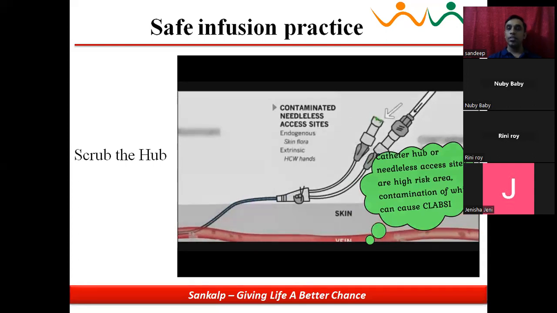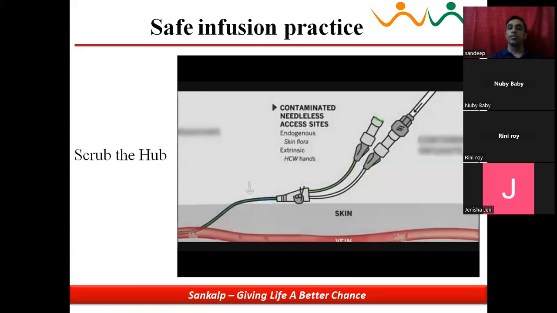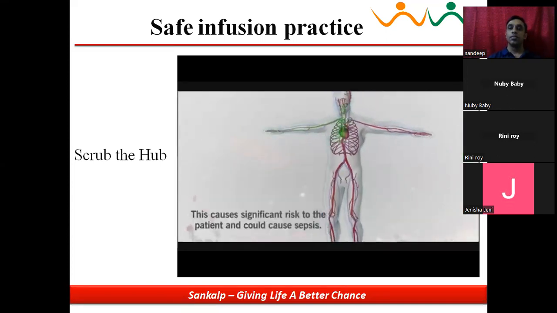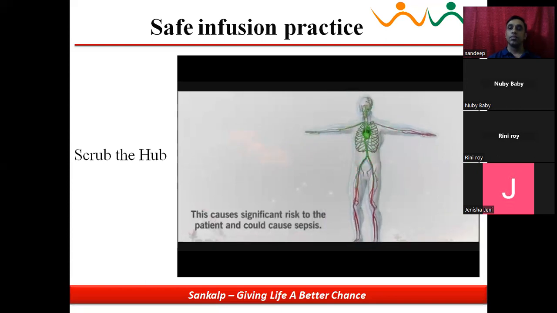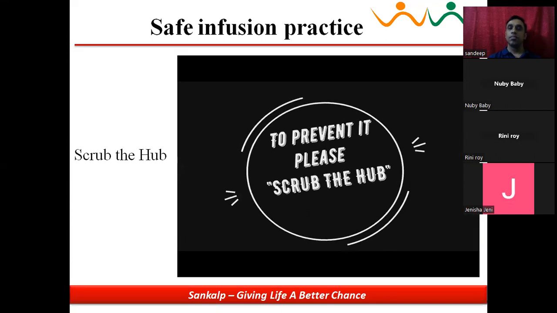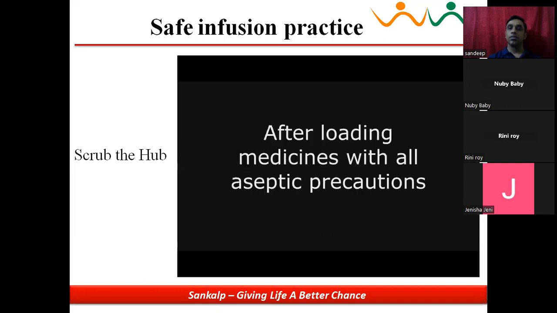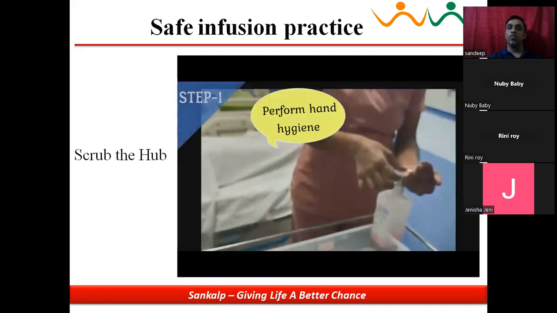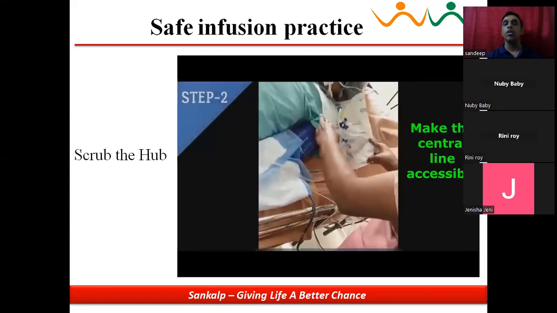So these are the key areas where the hubs are. Before touching that area, clean with the spirit swab, then only handle that area. The first step is hand rub, before that hand wash and hand rub.